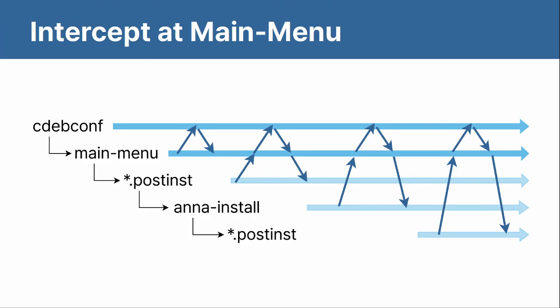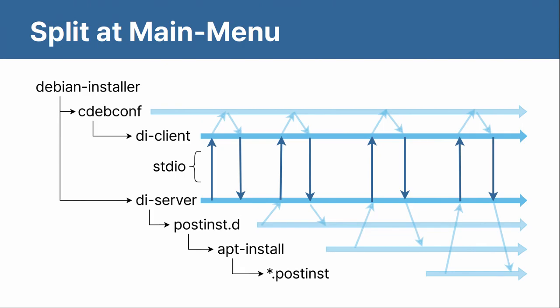You can take control of that information flow at the main menu program, and then we can split it into two there. So we would have a hypothetical DI server that handles all the installation stuff, and a DI client that handles all the front-end stuff, and which would communicate over a simple text channel that is the debconf protocol.